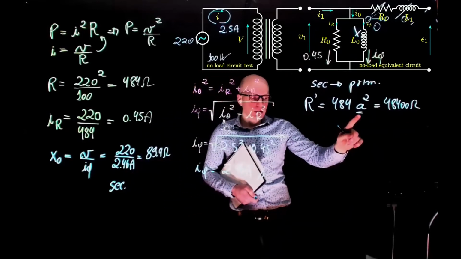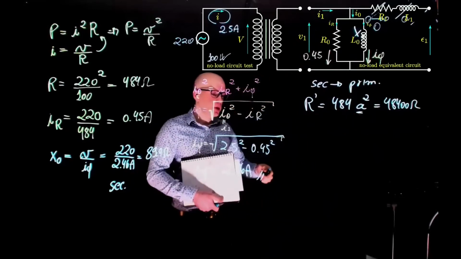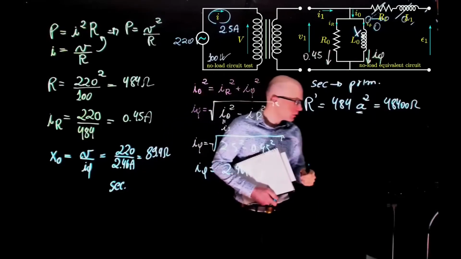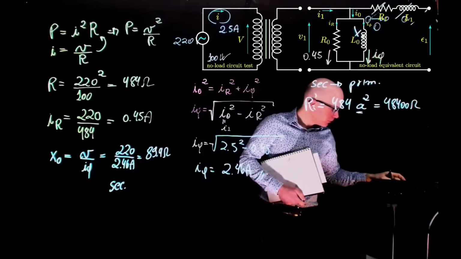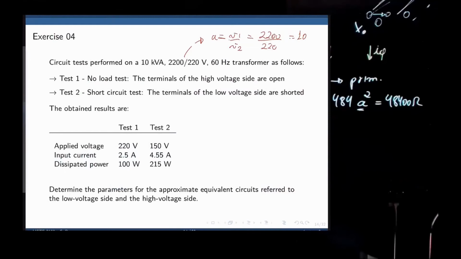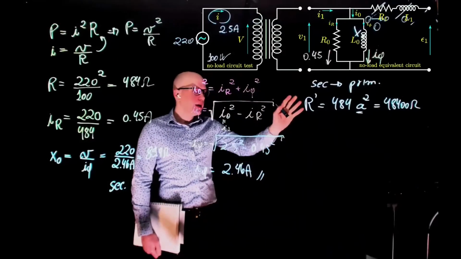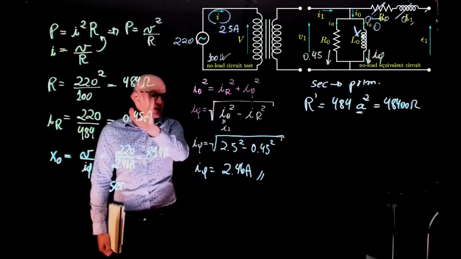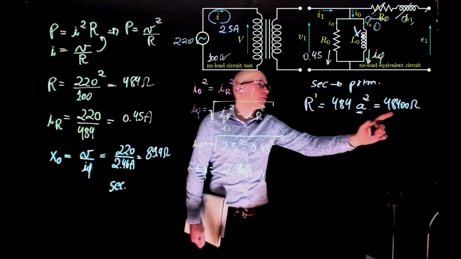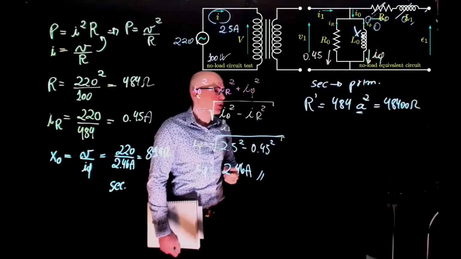So if we now multiply this by A squared, which we defined to be 10 based on the rating of the transformer, the equivalent resistance as seen by the primary is 48.4 kilo ohms.